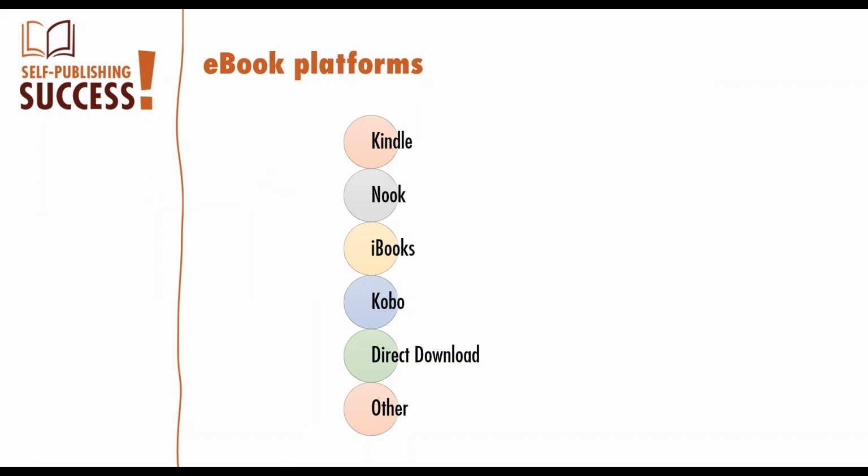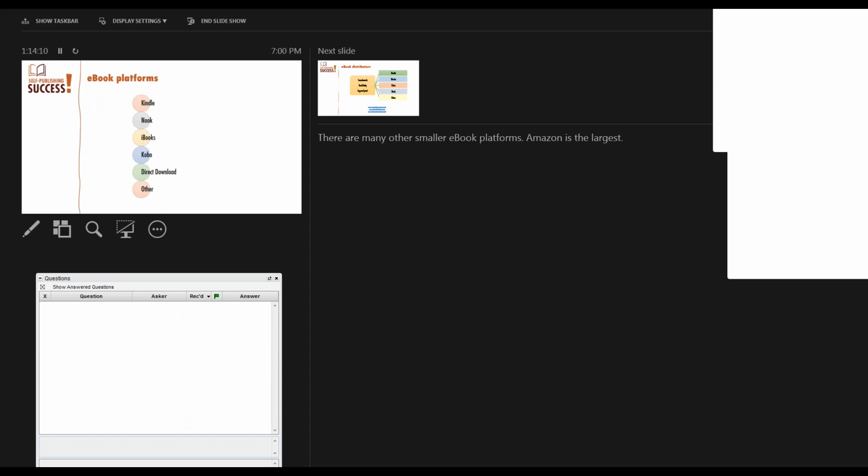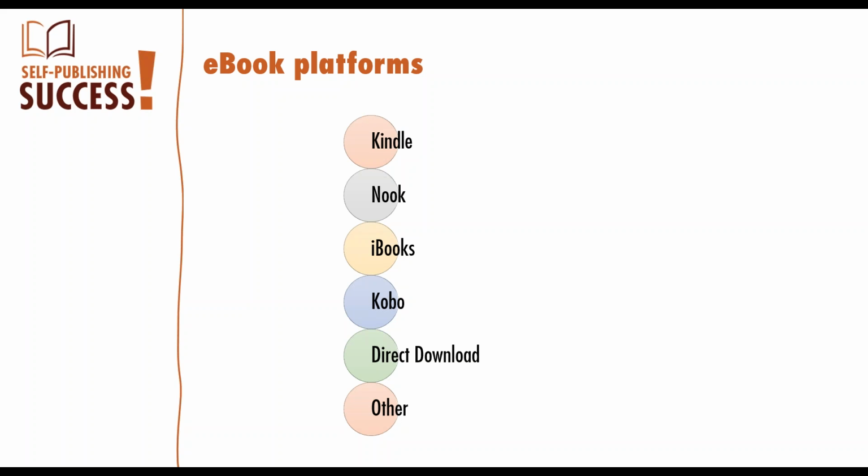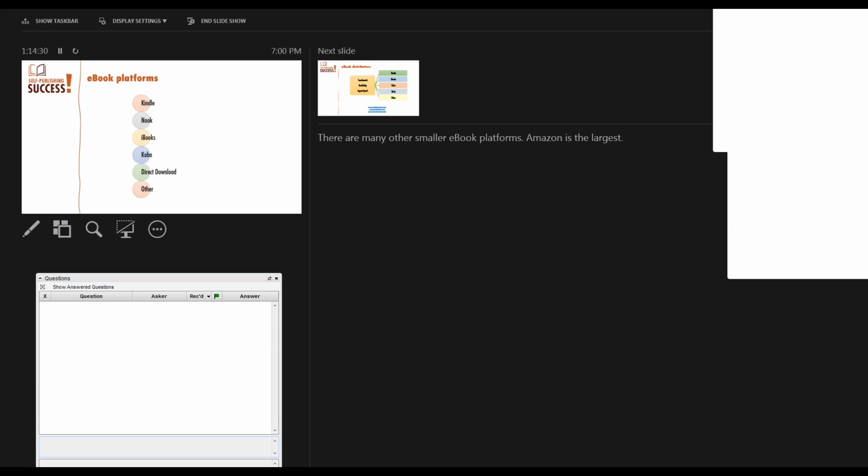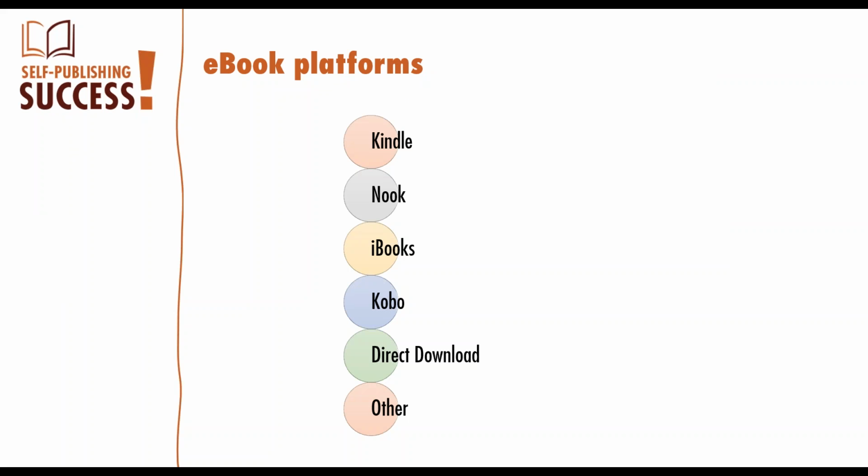They do have a tablet that they have out, but Nooks are kind of falling by the wayside. iBooks is Apple's ebook store that you can get on the iPad or the iPhone. Thing about that is a lot of people who have an iPad or an iPhone don't use the iBooks app. They use a Kindle app on their tablet. And so they're still buying books from the Kindle even though they have an iPad.